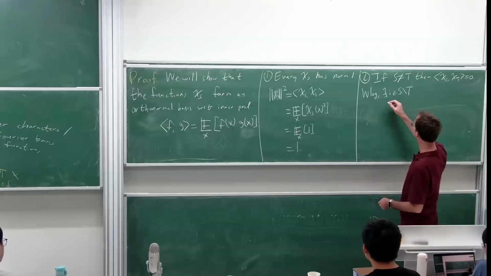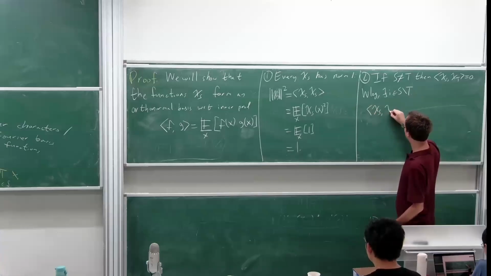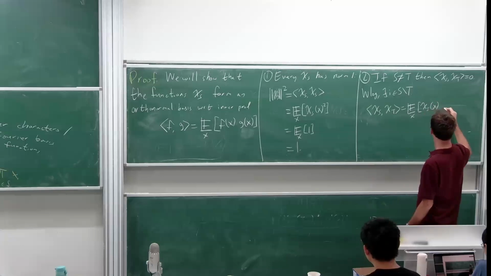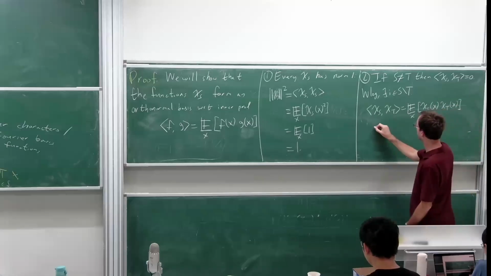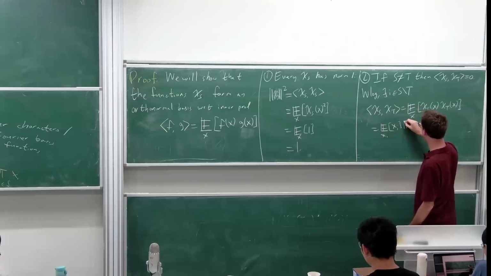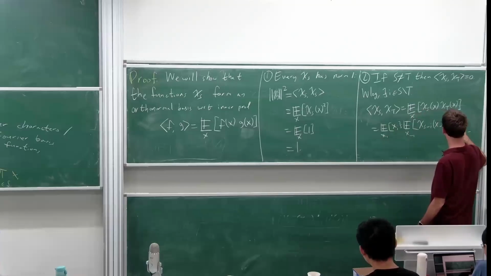So let's just assume there's something in S and not in T. Now χ_S, χ_T: it's the expectation over x of χ_S(x) χ_T(x), which is the expectation over just x_i times the expectation of the rest, χ_{S minus i}(x_{-i}) χ_T(x_{-i}).